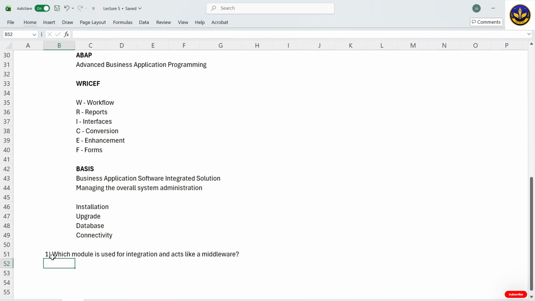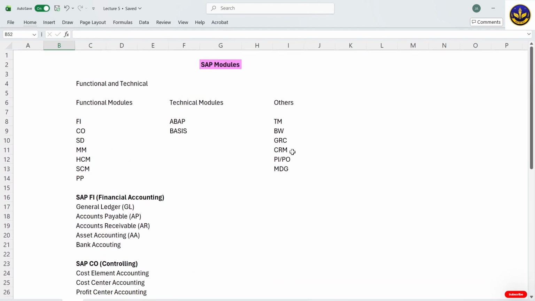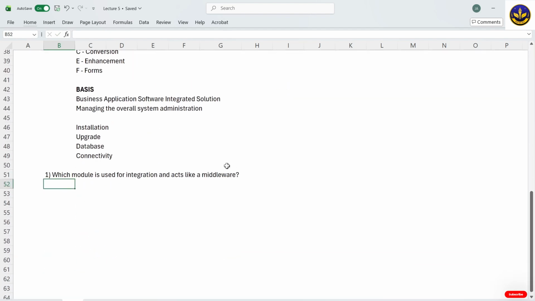I think I have already covered it while giving the brief of this module. So the answer would be SAP PI/PO.